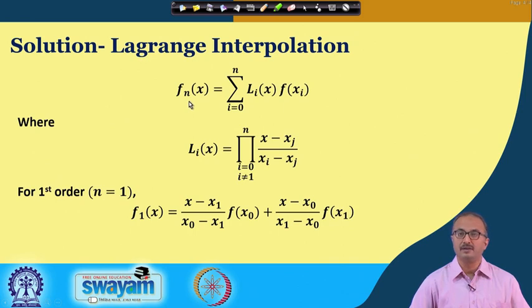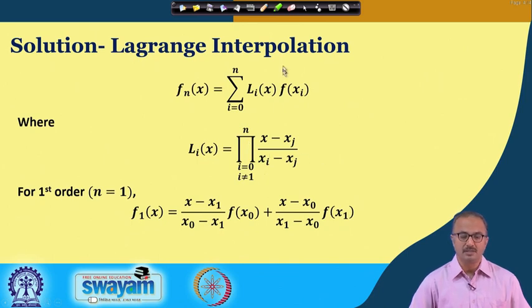Here again we have an nth order polynomial. We write it like this, and this L is the Lagrange polynomial. Here you see that it looks like this. Okay. This is a capital pi. This shows the product.